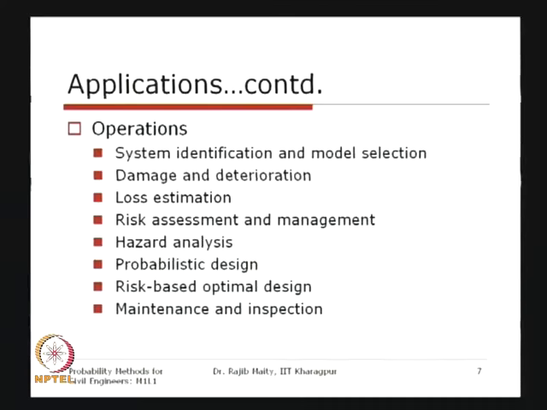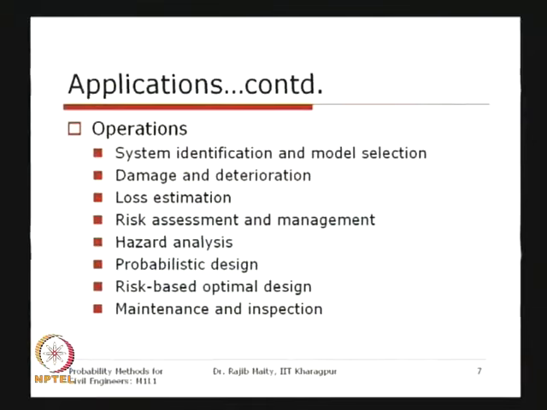Damage and deterioration, particularly in the case of structures, is an area where probability methods can be very useful. Loss estimation, for example seepage loss through a canal, can also be very useful for this probabilistic method.